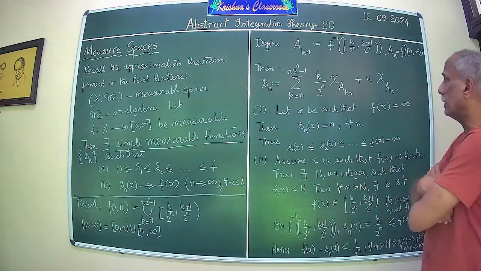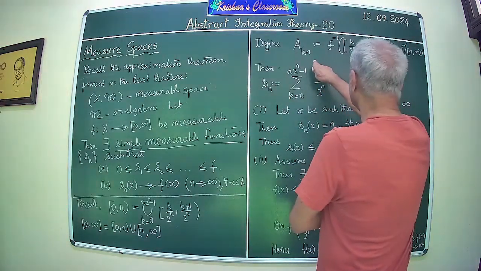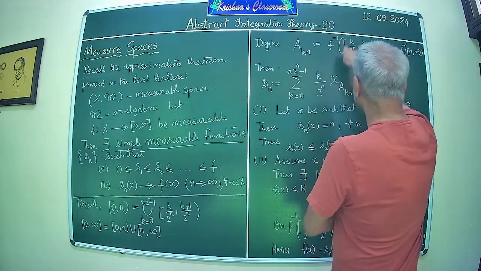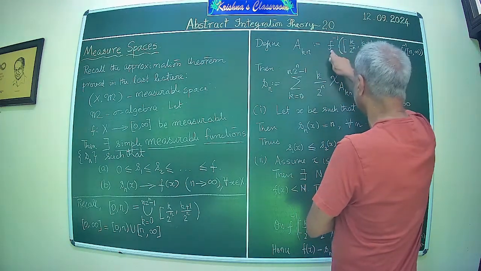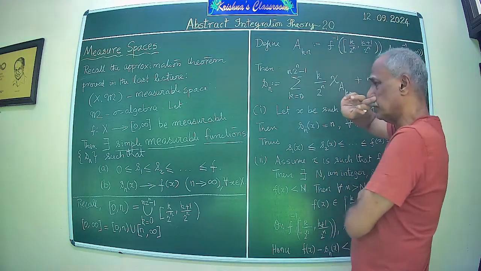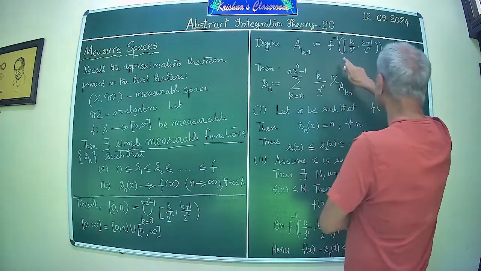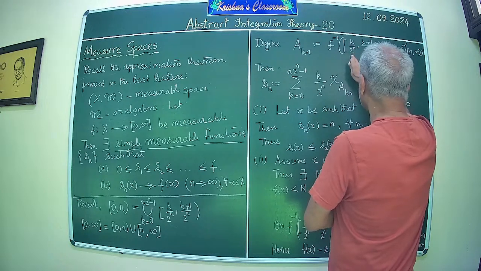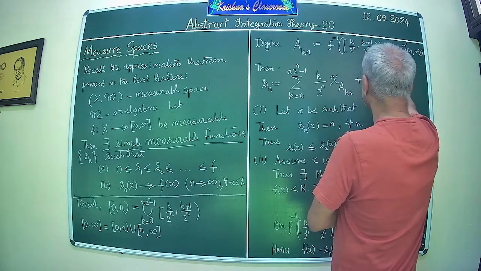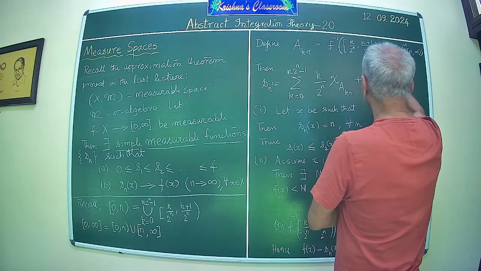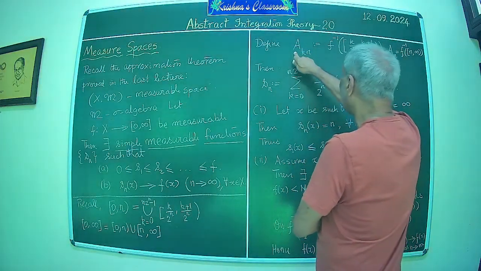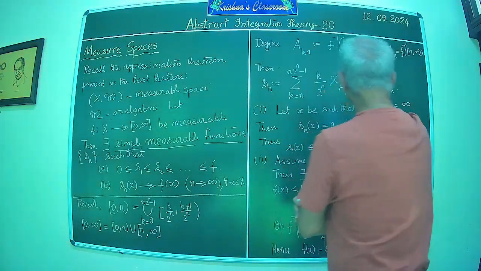We define A_kn as the f inverse of these intervals. Now f is measurable. Therefore f inverse of [k/2^n, (k+1)/2^n) is designated by A_kn, and A_kn becomes measurable.